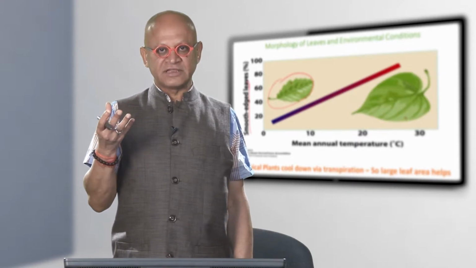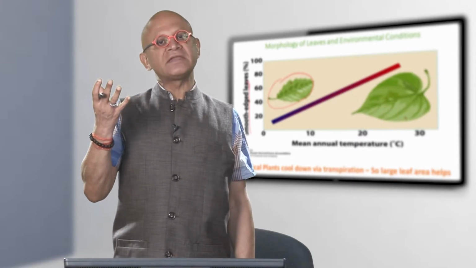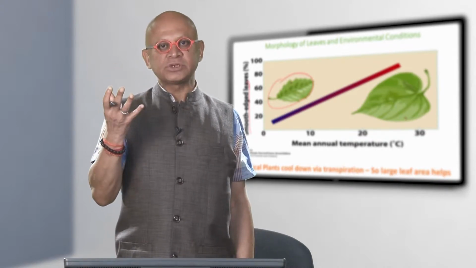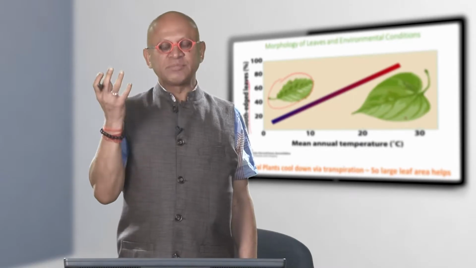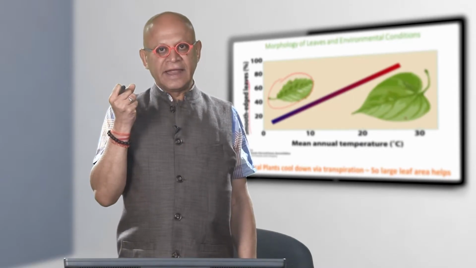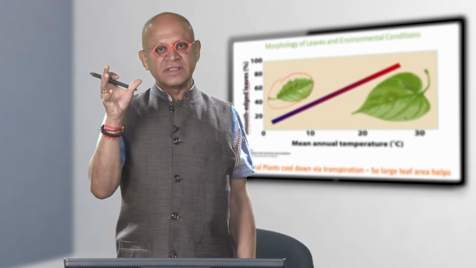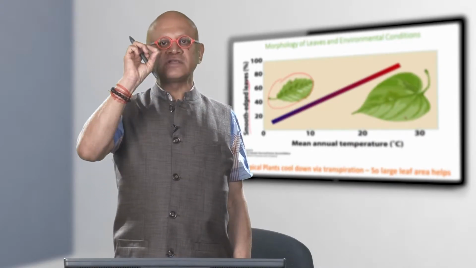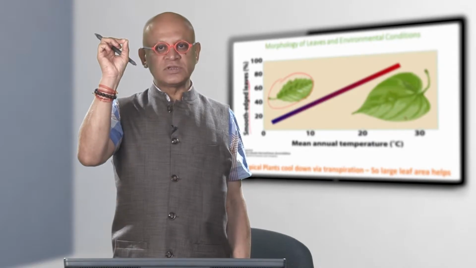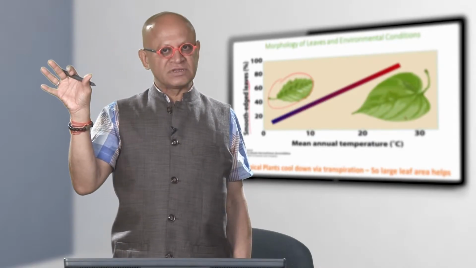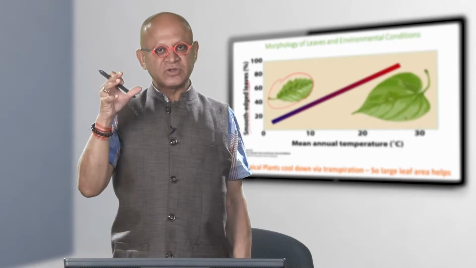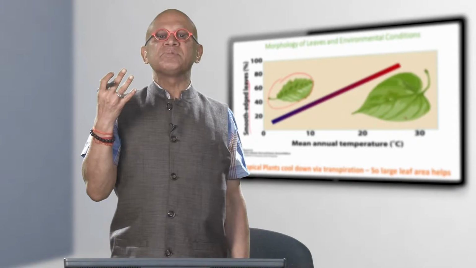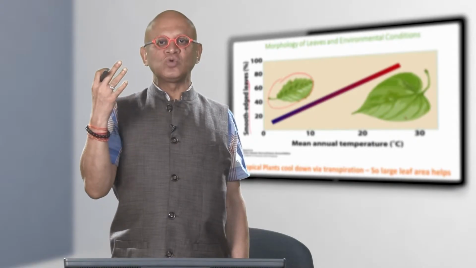So, if you have to go back and remember what the leaves are supposed to do, they are basically supposed to capture sunlight, capture carbon dioxide, and when the stomata open, they are supposed to open long enough so that not too much of the water that has been supplied by the roots is going to get lost to the atmosphere. So, this optimization obviously depends on the temperature, plus at very high temperatures the leaves themselves have to cool down.